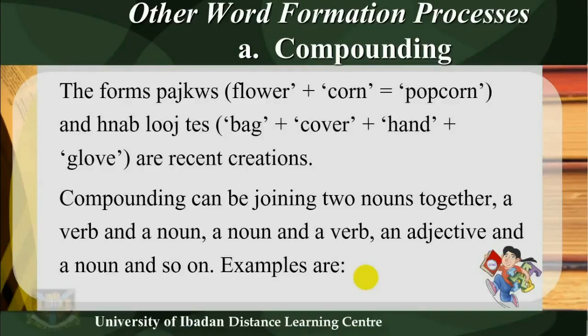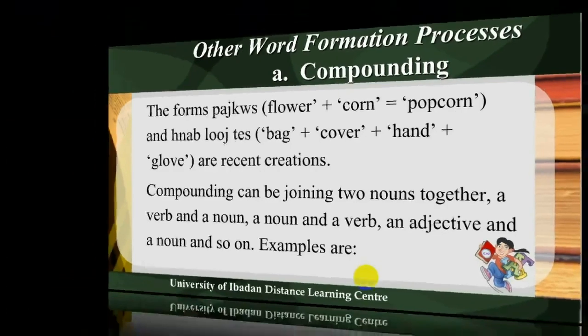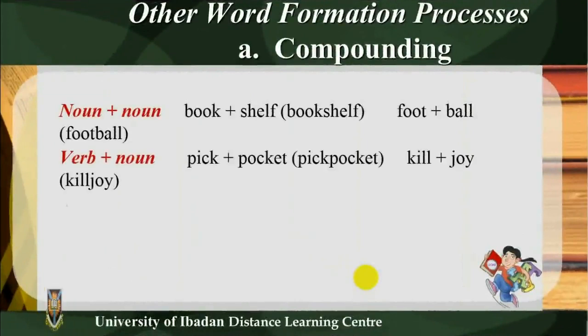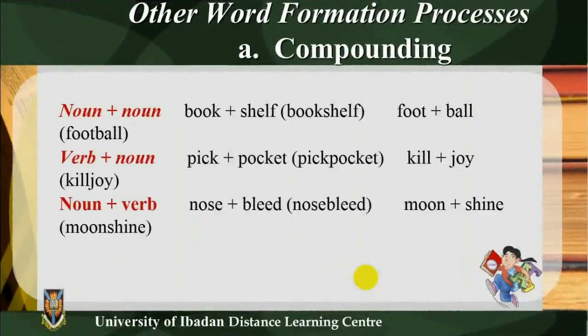Compounding can be joining two nouns together, a verb and a noun, a noun and a verb, an adjective and a noun, and so on. Examples are noun plus noun: book plus shelf, bookshelf; foot plus ball, football. Verb plus noun: pick plus pocket, pickpocket; kill plus joy, killjoy.